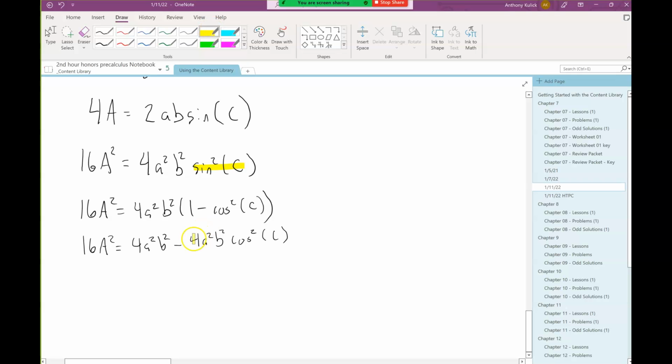Now, if I look at this piece, I could really write this as two AB cosine C all squared. Everybody buy that? If I look at this piece, does this look familiar?